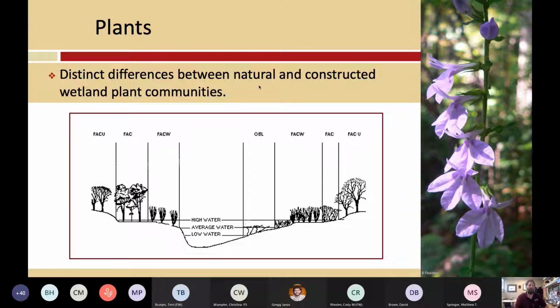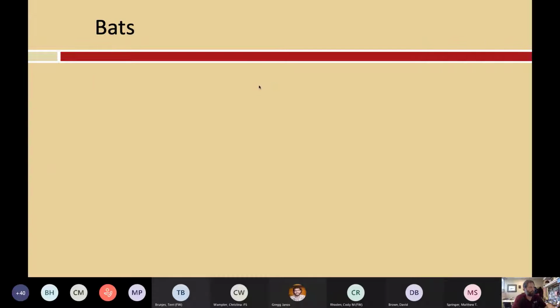We found more obligate plants in permanent wetlands, as predicted. So I'm not going to talk in detail about that, but Dr. Kelly Watson is going to be looking at more detailed processes and patterns for plants in these wetlands next year.